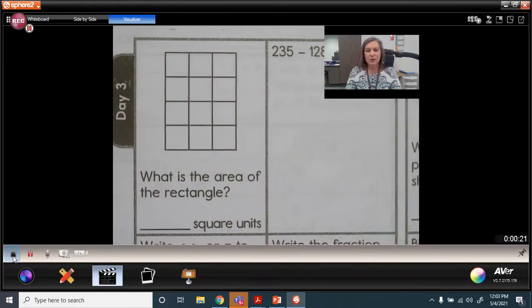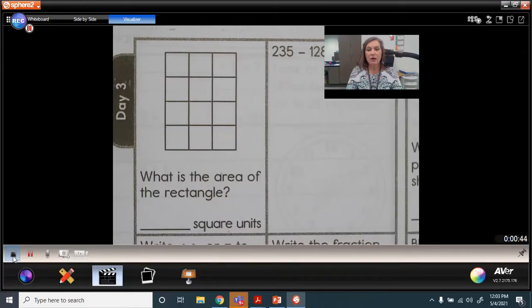All right, let's go ahead and check our DMA for today. So we are going to start off with a review problem on area. Towards the beginning of the year, when we started multiplication, we took a look at area and looking at square units when we were working on arrays.